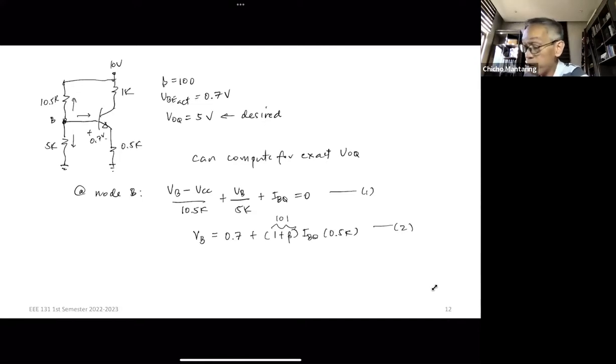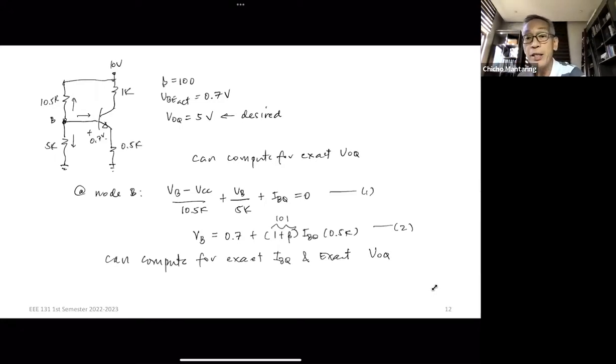So you have two equations, two unknowns. You can compute for the exact IBQ and the exact VOQ. Right.